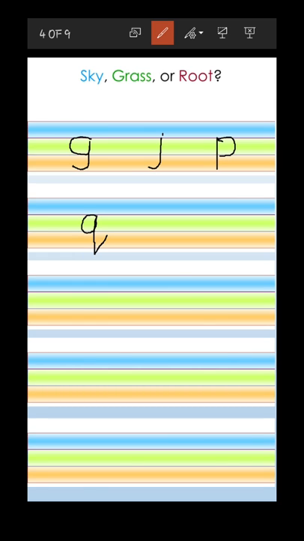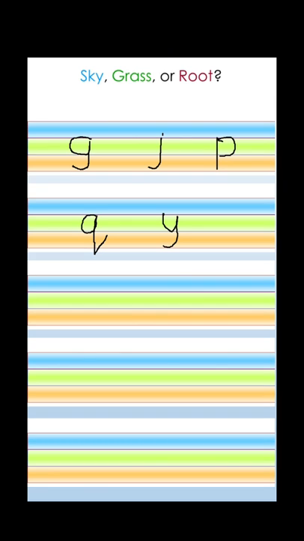Now the next letter is letter Y. So earlier 3, these are the root letters: letter G, J, P, Q and Y. How many root letters are here? Count it. 1, 2, 3, 4, 5. 5 root letters are here.